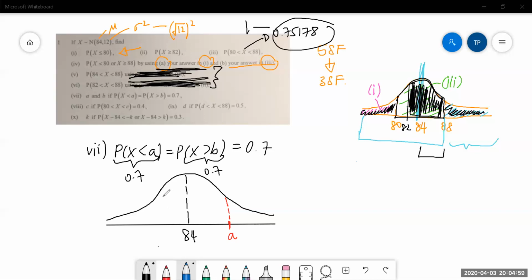When X is greater than B, left hand side, right? So they are saying that this part here, when X is greater than B, this whole portion is 0.7. Then they are saying that this whole portion is 0.7.